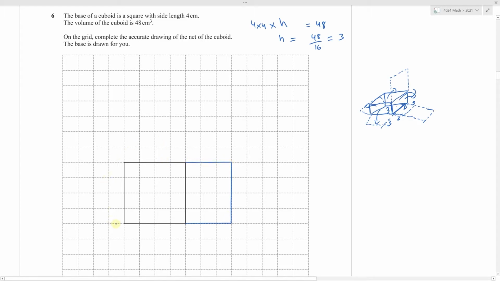And the same is true for all the other walls or the side walls of this cuboid. So on the top, I will have another side here, which is 3, and then the other length is 4 here. And then I'll just repeat it on all 4 sides of the base.